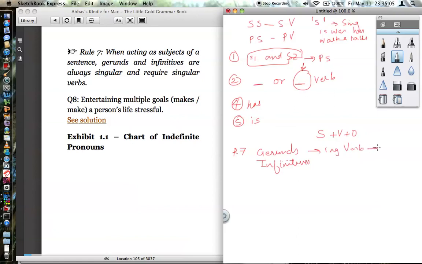So when you say walking is a good exercise, walking becomes your gerund. And infinitives are again the to form of the verbs which are used as nouns. So to err is human, to forgive divine. To forgive is divine.